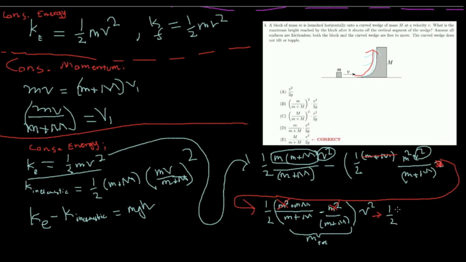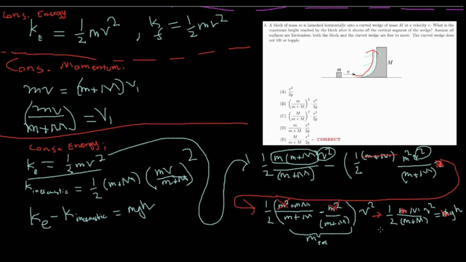1/2 m big M over m plus big M V squared equals mgh. This m goes away. And then we divide by g.